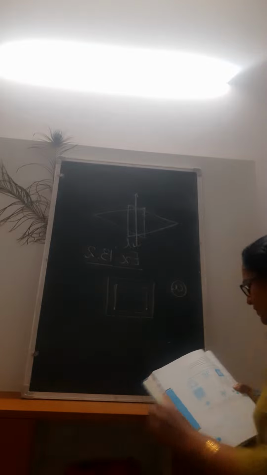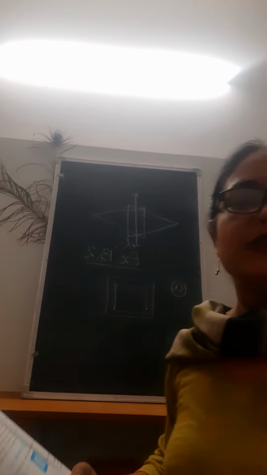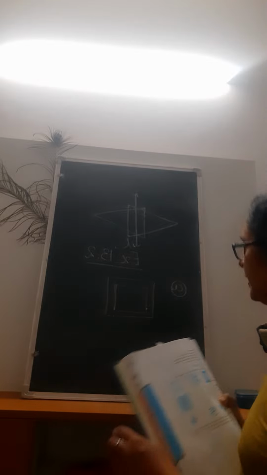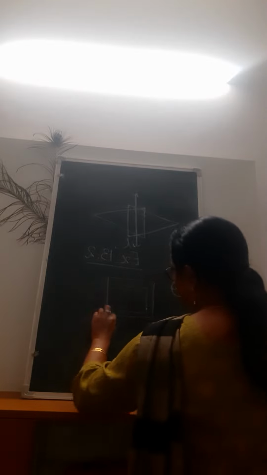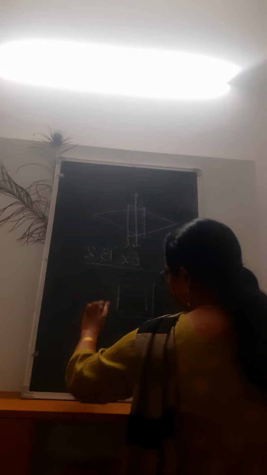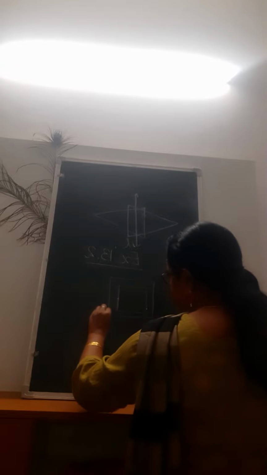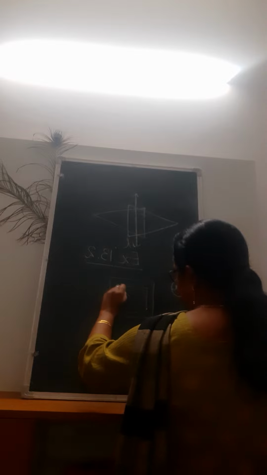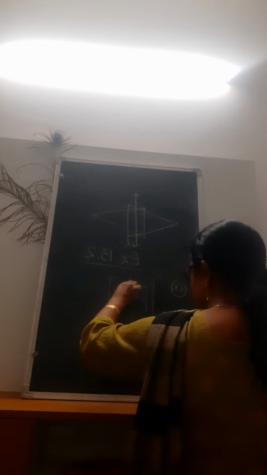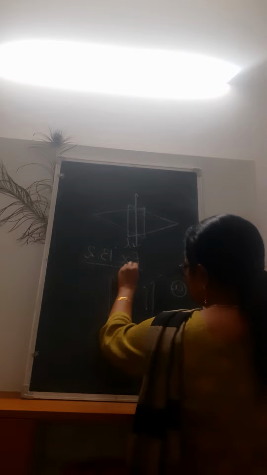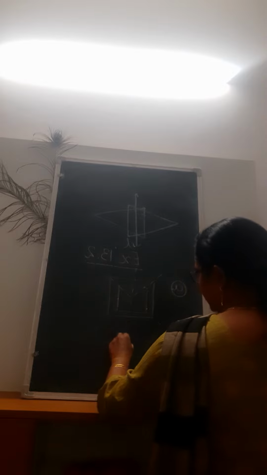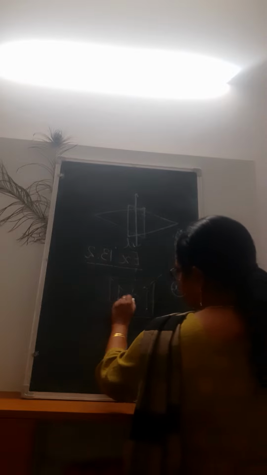Now this one is your square. When we talk of a square, it can be folded into two equal halves. If I fold along these lines of symmetry, they would be from this side or this side.